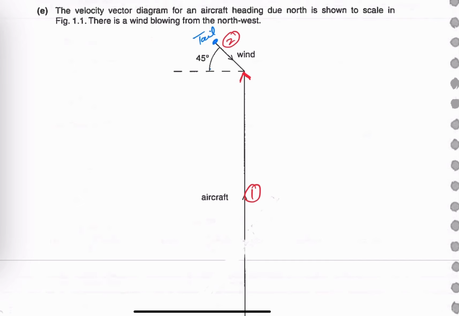So let's make it here. This is a 45 degree angle, so it will move like this.